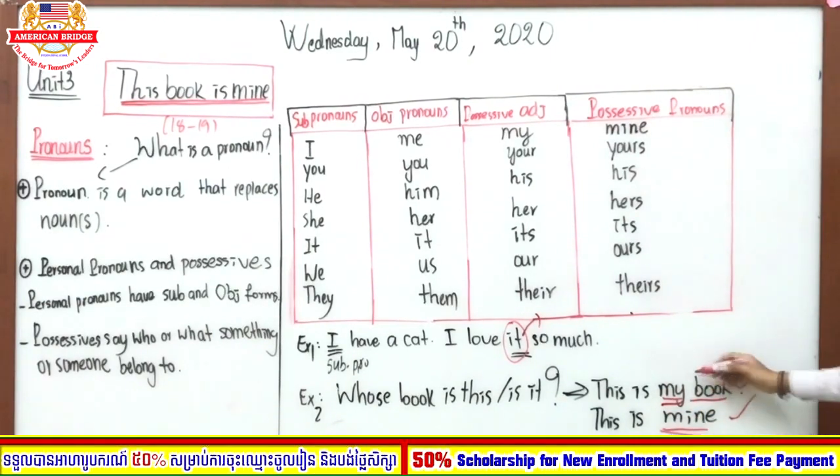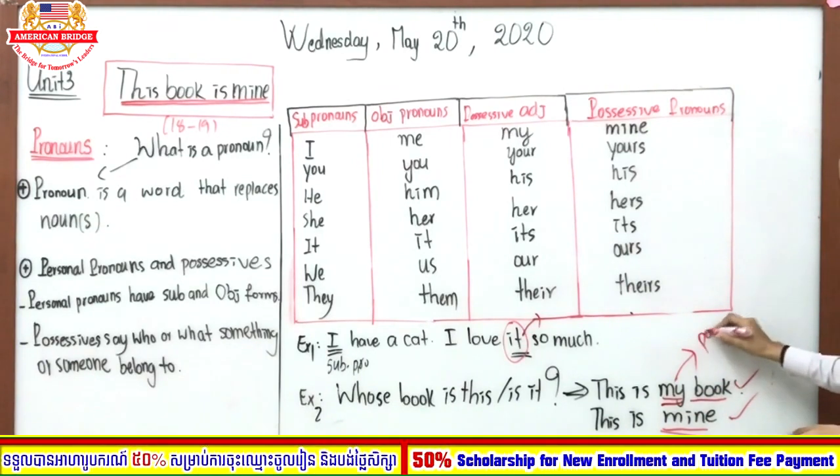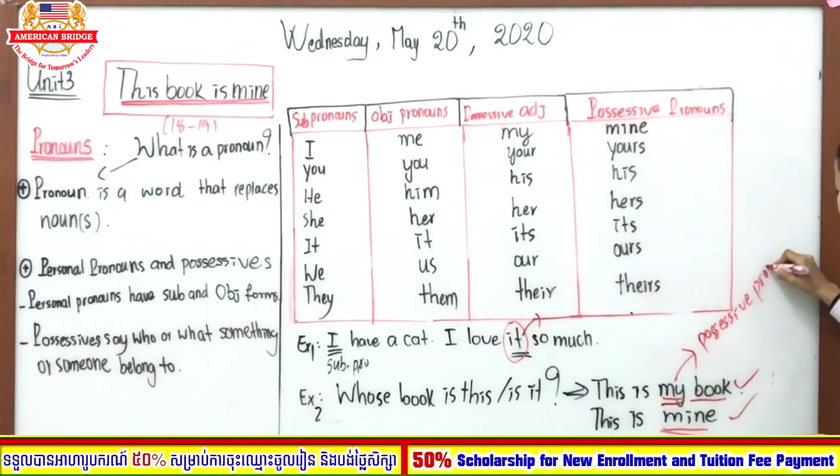So this is my book, and this is mine. So you see here, is mine here a possessive adjective or a possessive pronoun? Everyone, mine. Yes, very good. Possessive pronoun. Oh, sorry.